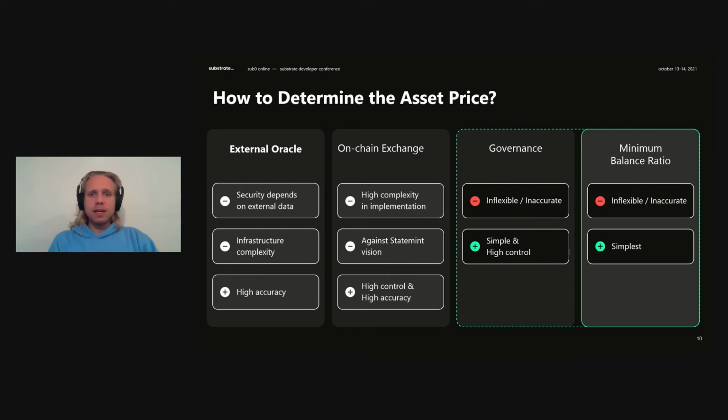This is not about finding the perfect price. This is about determining something that's safe and to keep the chain safe. And then in the future, we can extend this to allow governance to update this exchange rate to allow more flexibility or adjustments if needed.